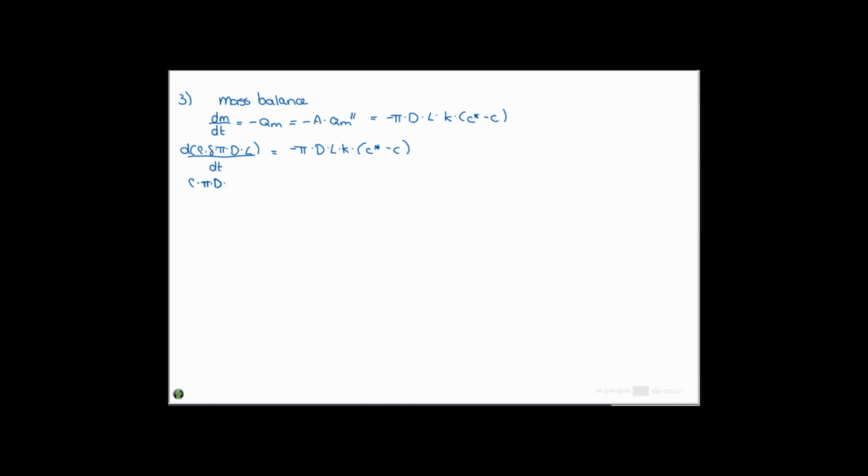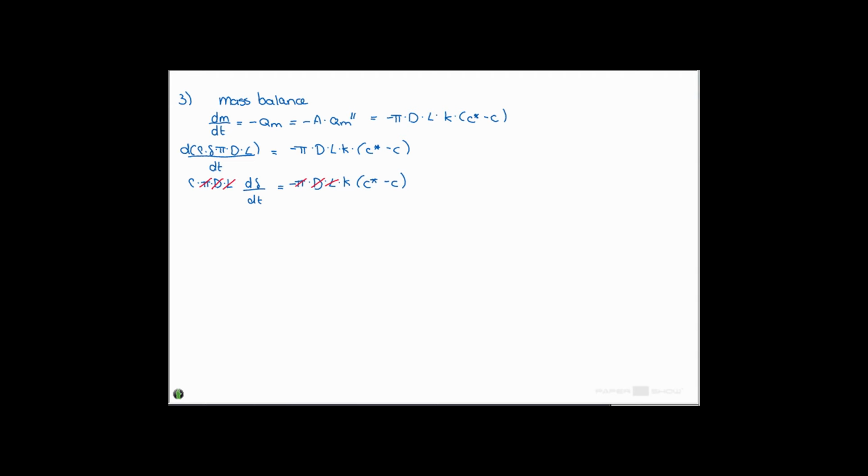Because rho, pi, the diameter, and the length are not dependent on t, you can take them out of the delta. This also means that pi, the diameter, and the length fall away in the equation because they are on both sides.